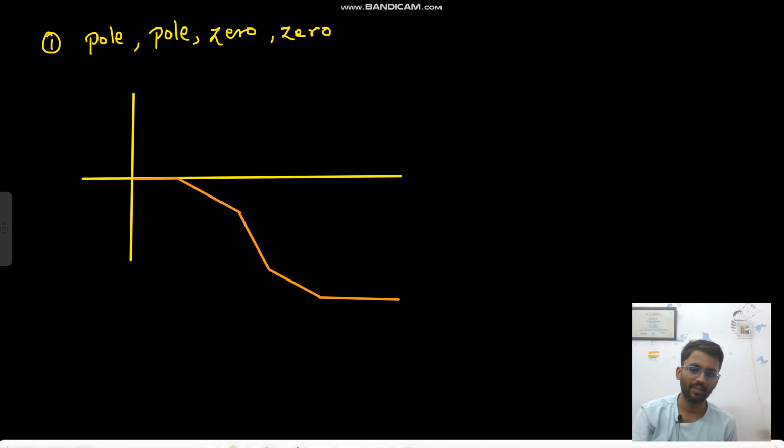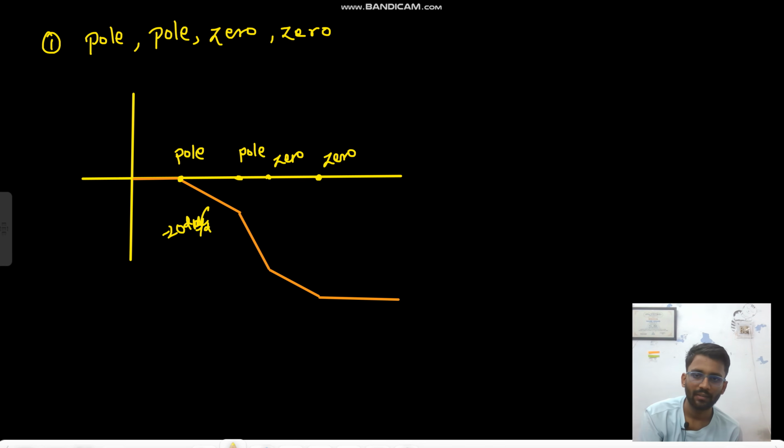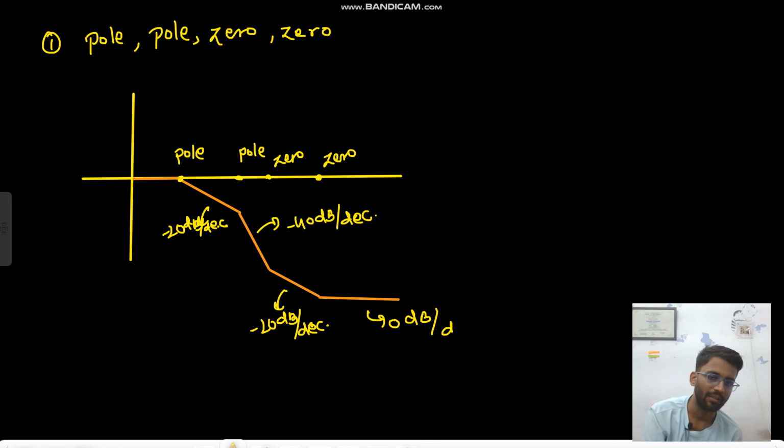So first we had a pole, then we had a pole, then we had a 0 here, then again we had a 0 here. So this was minus 20 dB per decade, then minus 20 more, so minus 40 dB per decade, then minus 40 plus 20, so again it is minus 20 dB per decade, then minus 20 plus 20, so it is 0 dB per decade.